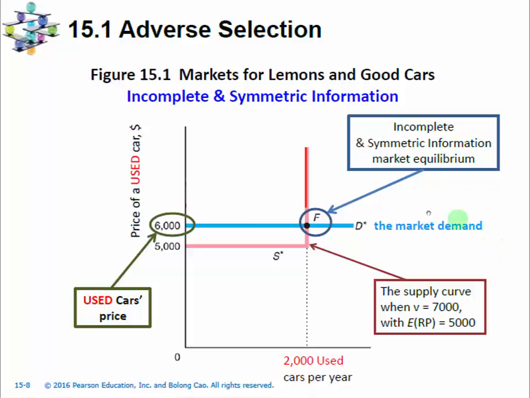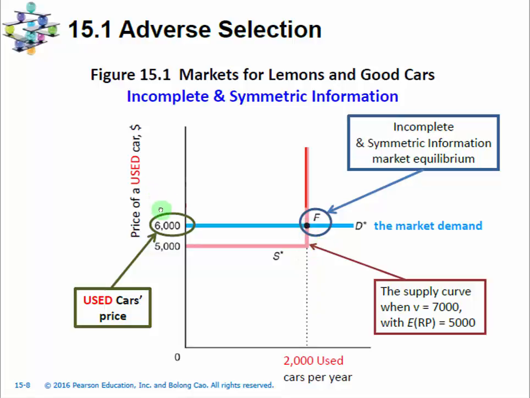The market demand curve for the used car market in this situation is a price at $6,000 per car and horizontal. That still means that at $6,000 per used car, the quantity demanded is unlimited. However, there's only 2,000 used cars available for sale.